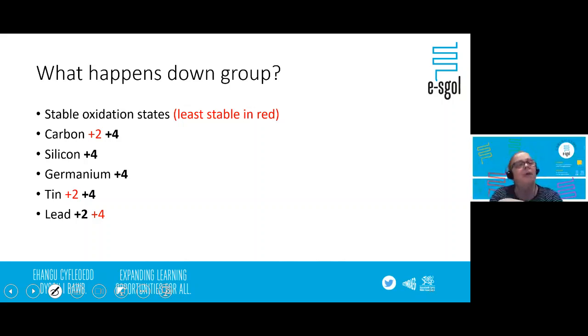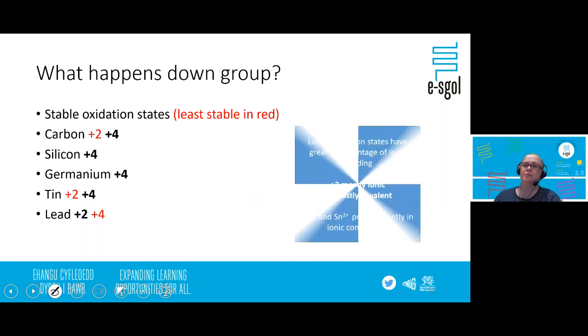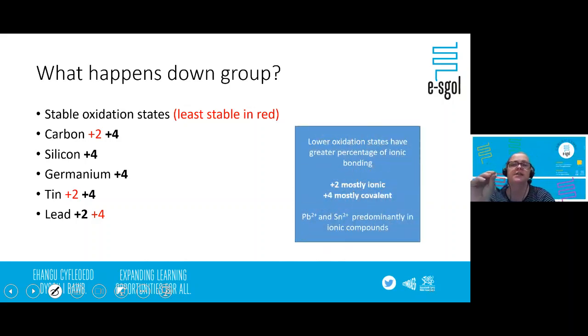Travel all the way down to the bottom of the group, lead, and that now has a preferred oxidation state of +2, of course, and its +4 is therefore an unpreferred one, and it leads to it being a good oxidizing agent in certain reactions. Okay, so the low oxidation state has a greater percentage of ionic bonding as well. So in group 4 specifically, the +2 is mainly ionic, whilst the +4 is mainly of a covalent nature in that compound.